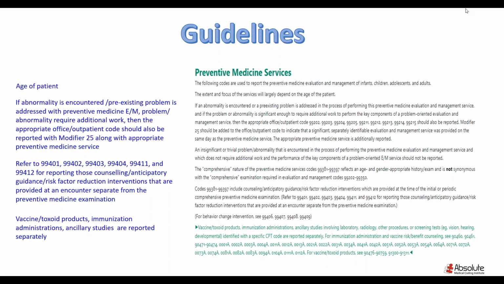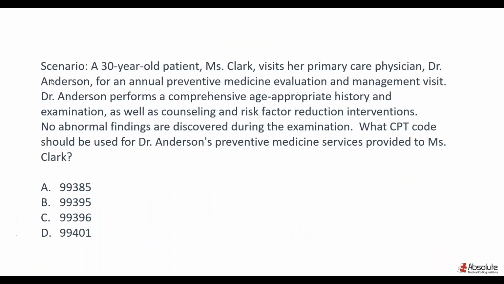The next guideline: refer to codes 99401, 99402, 99403, 99404, 99411, and 99412 for reporting counseling and anticipatory guidance or risk factor reduction interventions that are provided at an encounter separate from the preventive medicine examination. The next guideline states that vaccine or toxoid products and immunization administration ancillary studies are reported separately. So those are the guidelines on preventive medicine services.